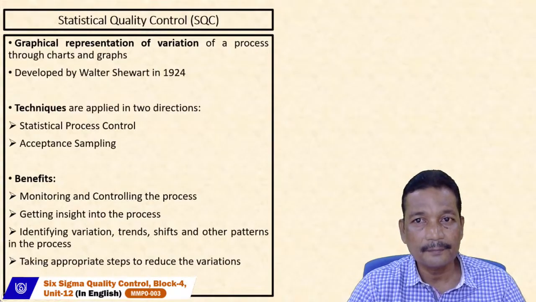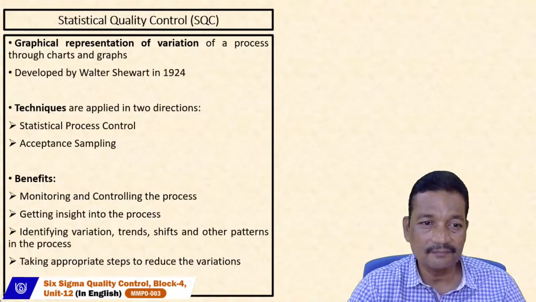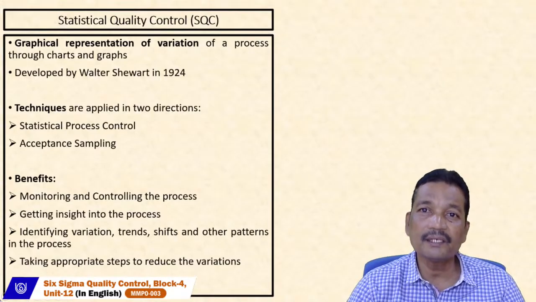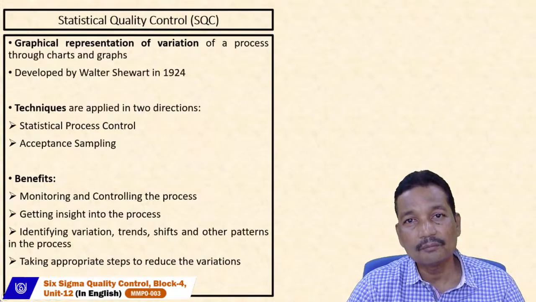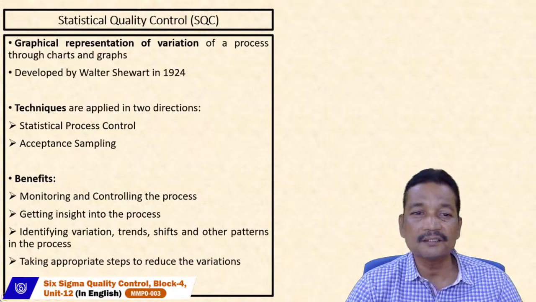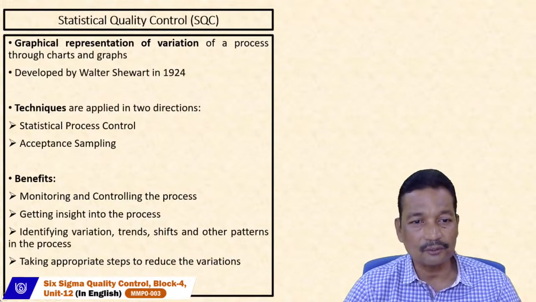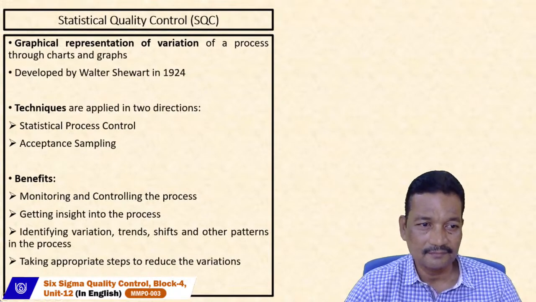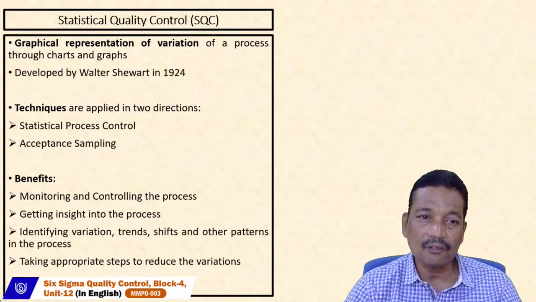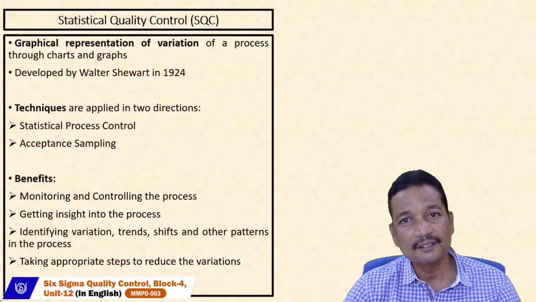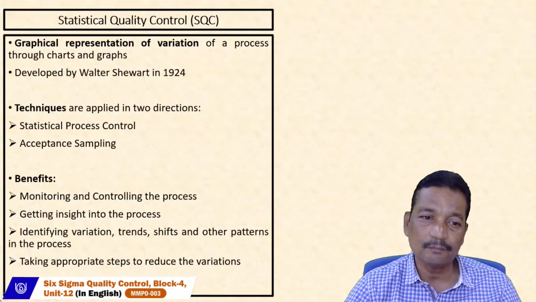If any deviations are occurring in the quality, then we try to minimize or rectify the deviations. That means we are controlling the process. So here we can identify all kinds of variations, trends, shifts, and other patterns in the process.